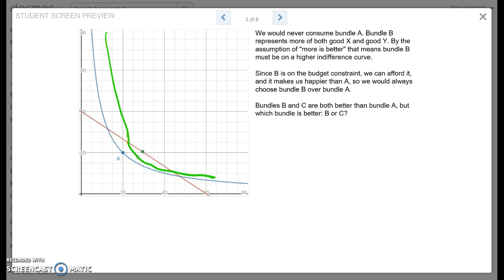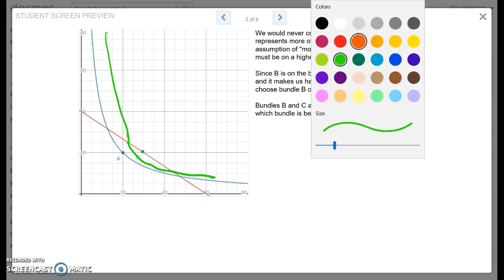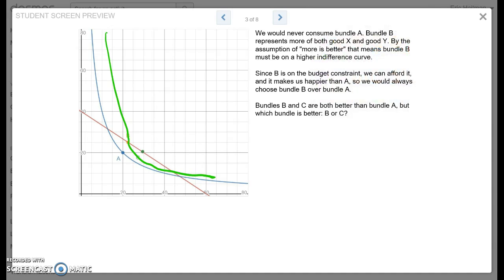Okay, so both bundles B and C, in this case, are on the budget line, and they're both better than A. The question is, is point B or point C better? So as you can see here, the answer is that C is better, right?